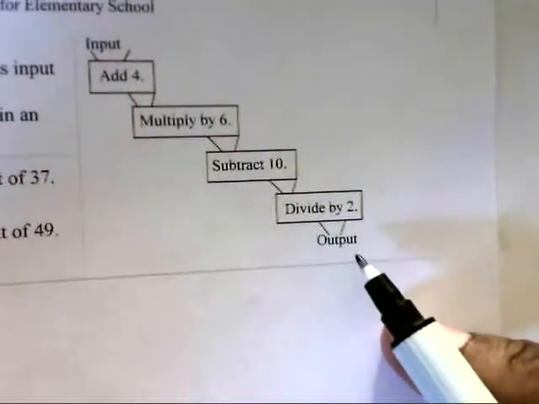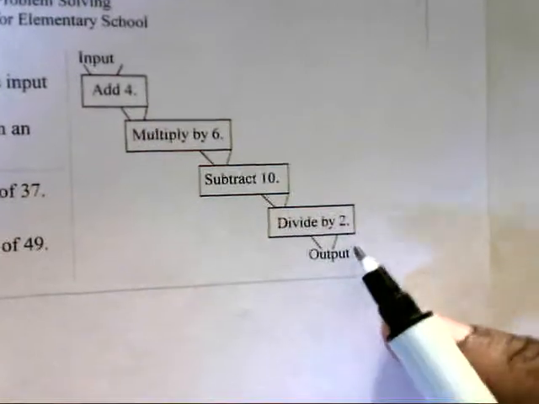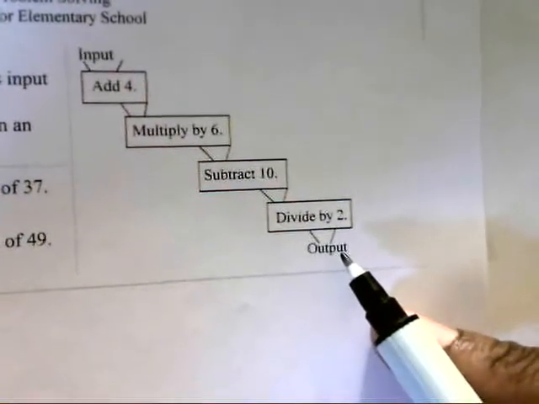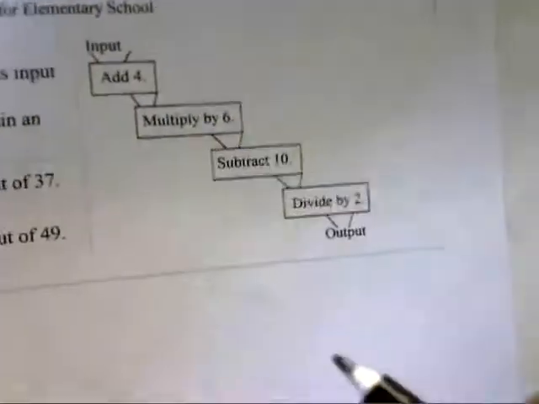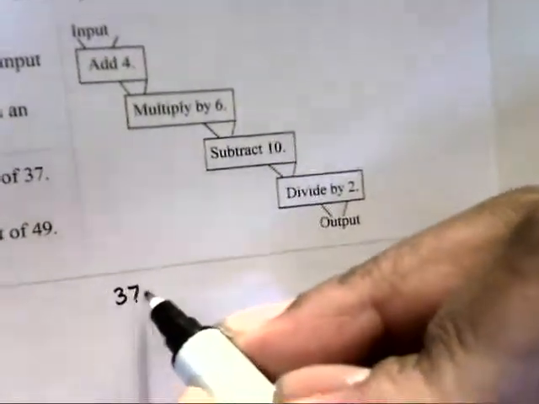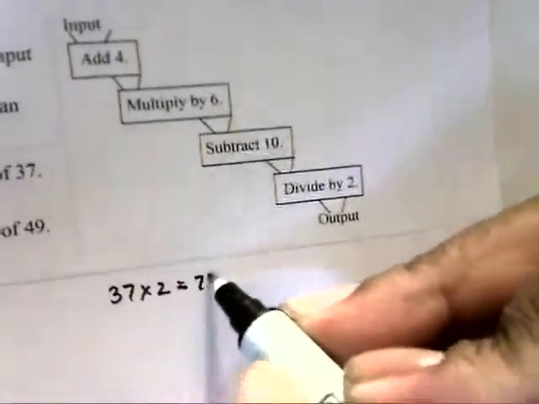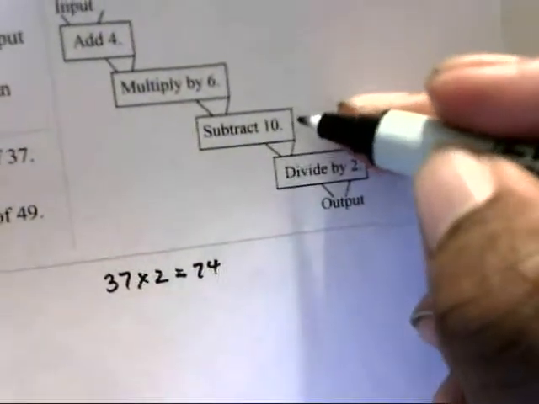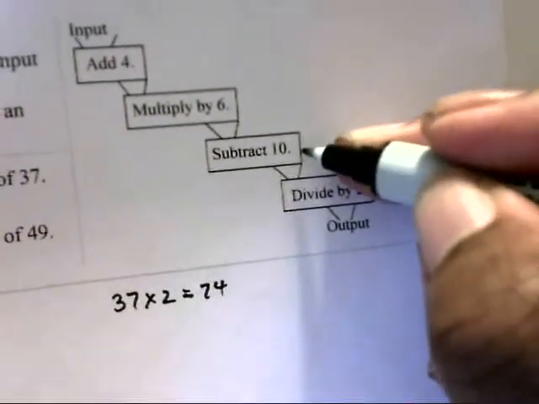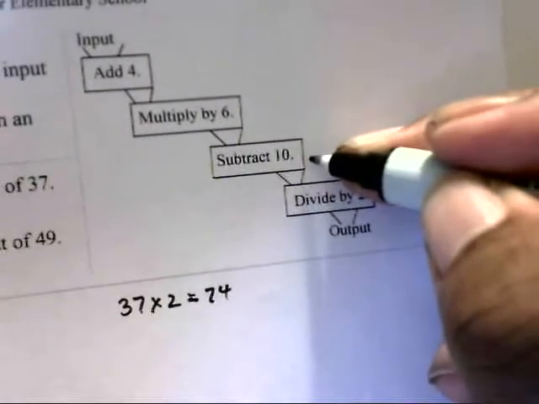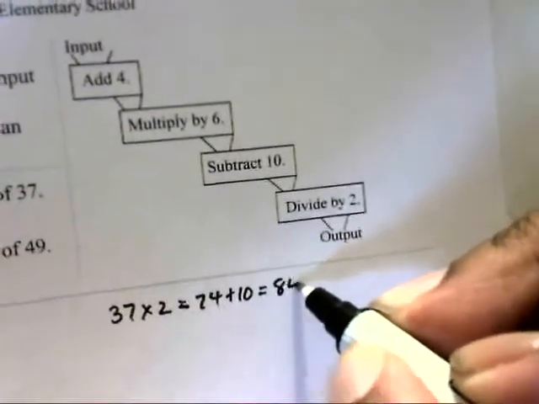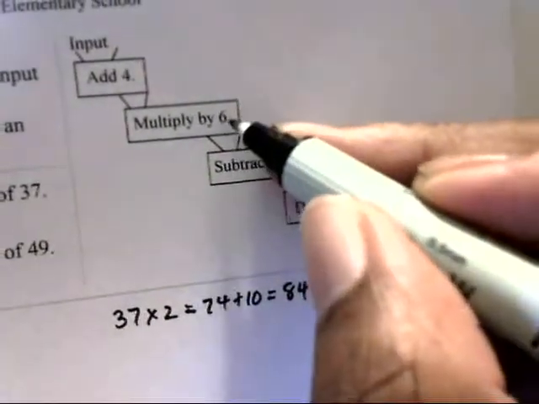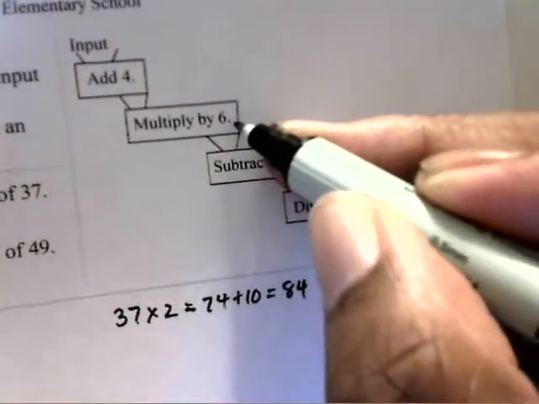The output would be 37. To get that 37, we had to divide some number by 2. So now if we multiply 37 times 2, you'll get 74. And then we subtract 10 to get to 74, so that means we need to add 10 to the 74 to get 84. Now we multiply by 6 to get the 84.